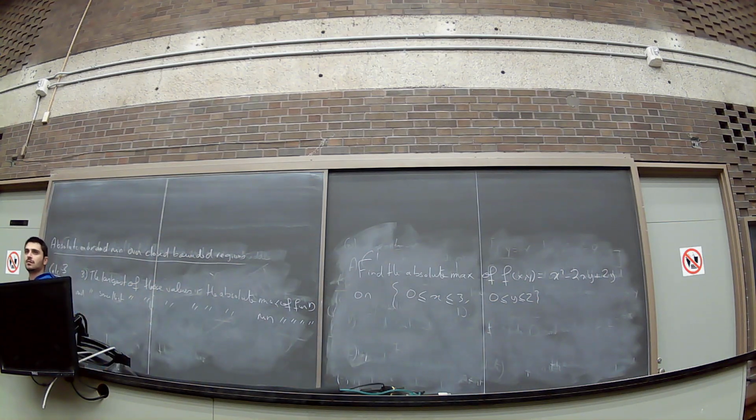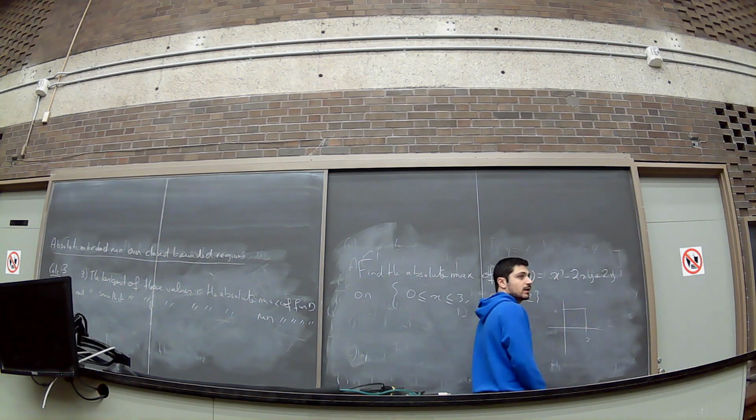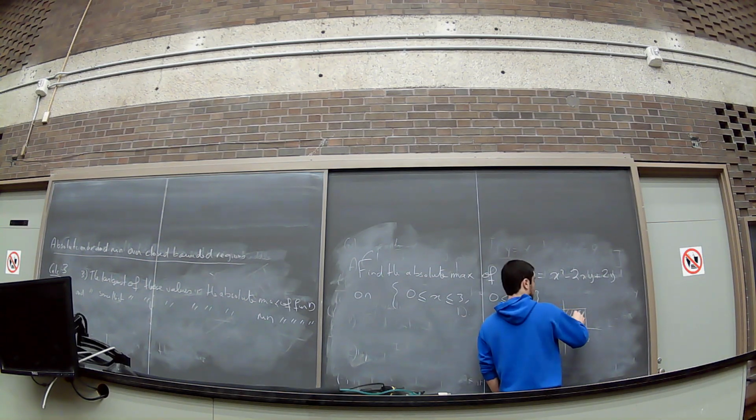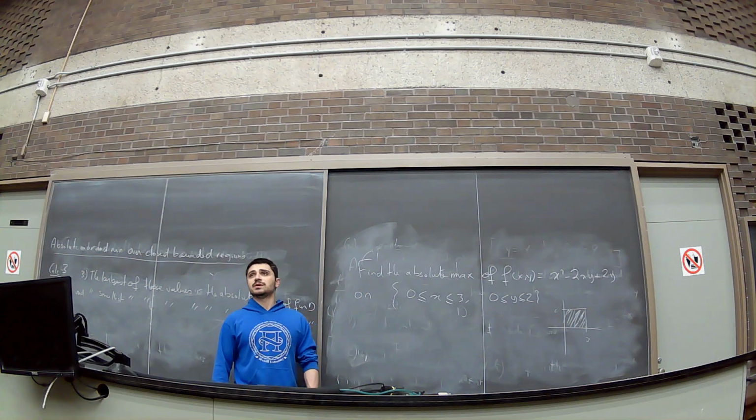It says x is between 0 and 3 and y is between 0 and 2. How do you sketch it? Is this a bounded set? Is it a closed set, everybody?